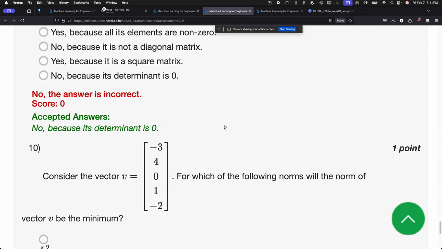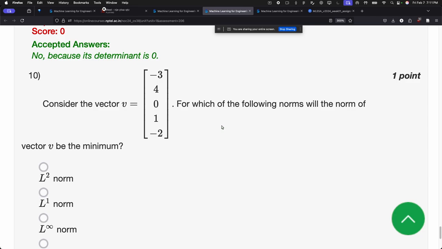Okay. Coming to the last question. Consider this vector V. Which of the following norms will the norm of vector V be minimum?